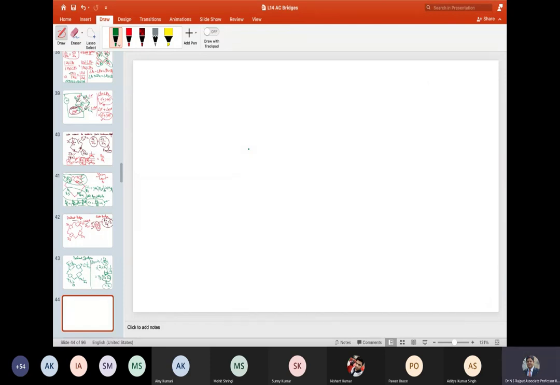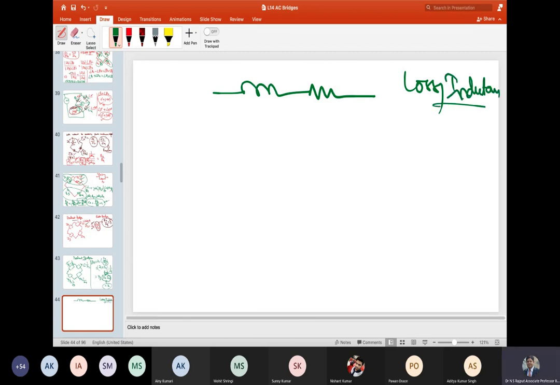So now we can take a few examples which will make it clear. Okay, so let's consider a situation when you want to measure a lossy inductor. You want to measure lossy inductance, right? So how would you measure lossy inductance? So as usual, we will create a bridge.